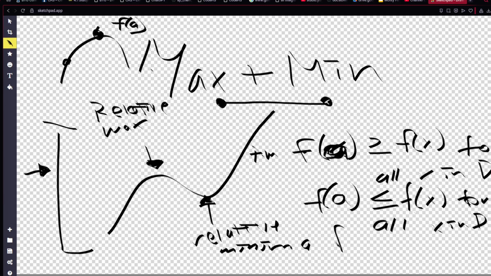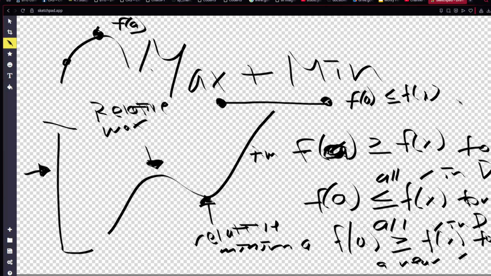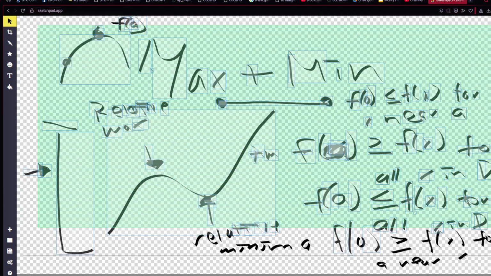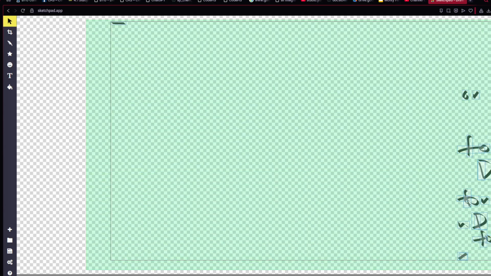So f of a greater than f of x for x near a is considered a relative maxima, and in the same way, f of a is less than f of x for x near a is a relative minima. Now, again, I don't like these ambiguous definitions, because what constitutes x near a?